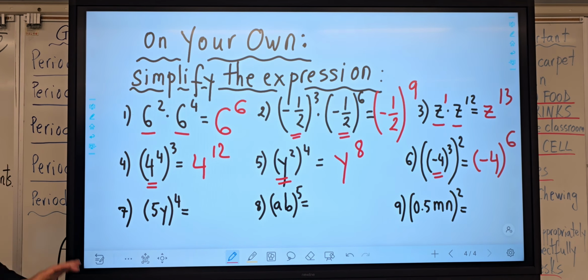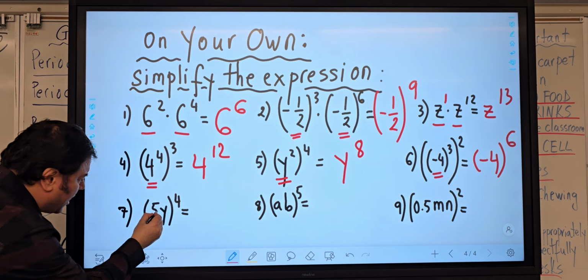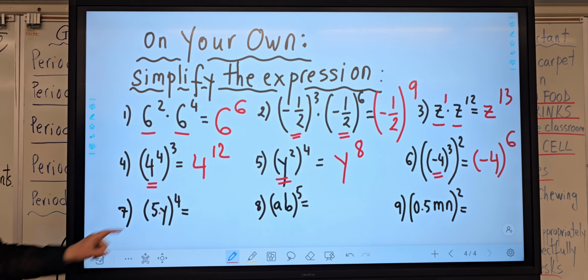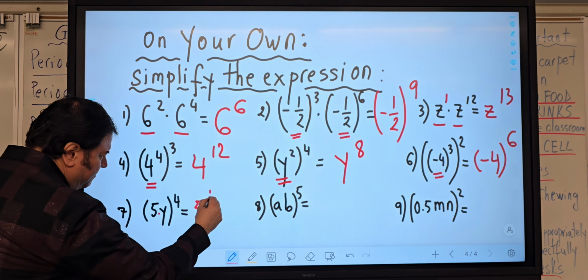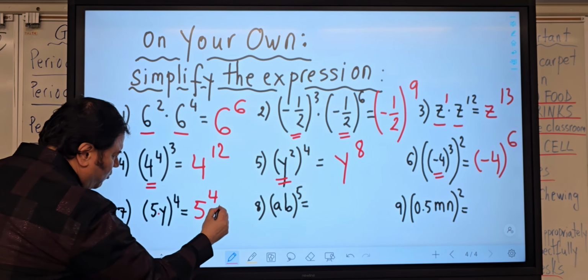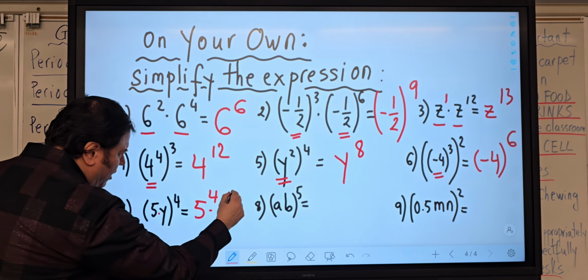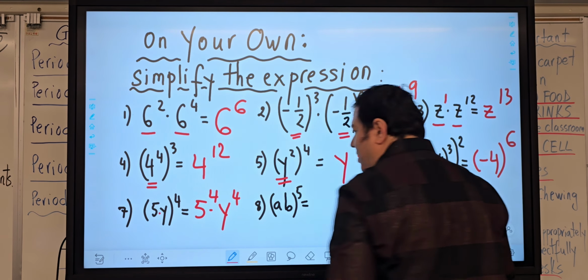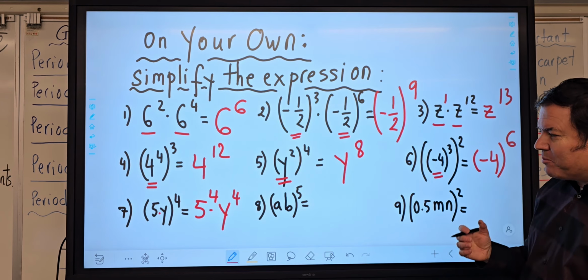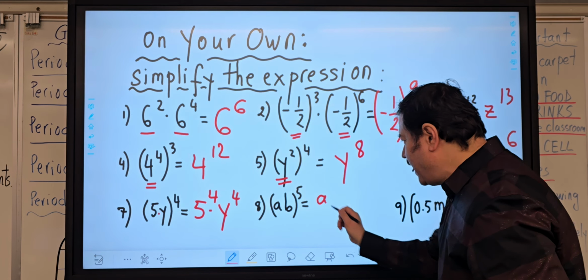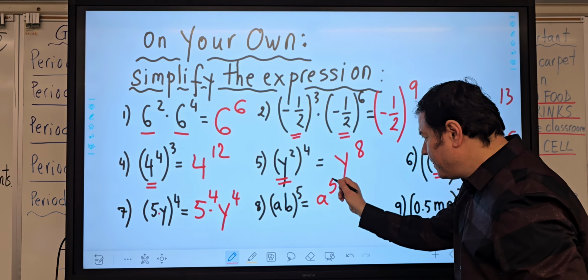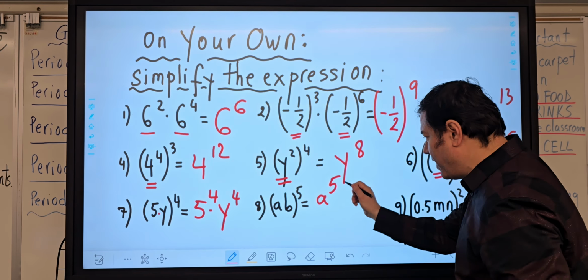Let's continue. 7. In this case, we are going to use the power of a product property. So remember, each base stays the same. So we have 5 raised to the power of 4. And then y times y raised to the same power of 4. Okay, we are using the power of a product property. The same thing here. The base is a to the power of 5 times b to the power of 5.